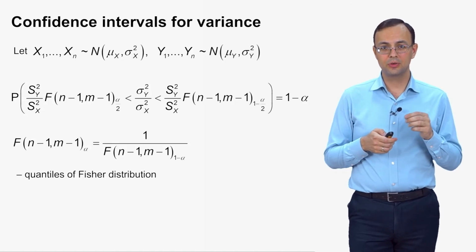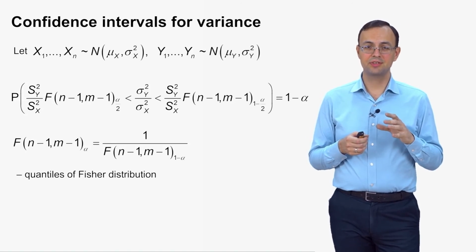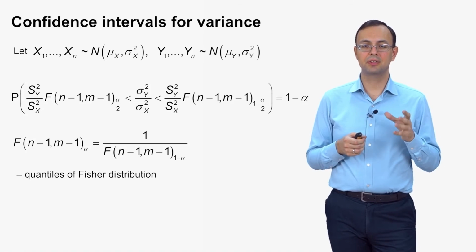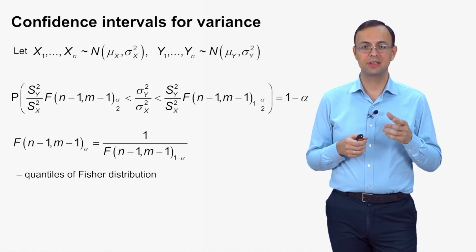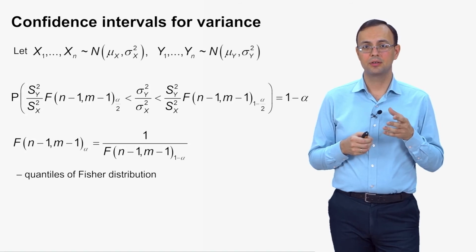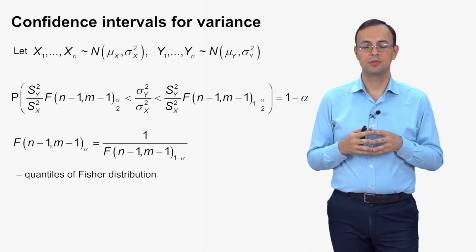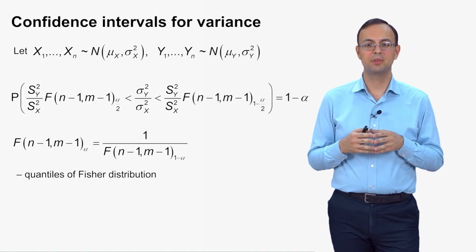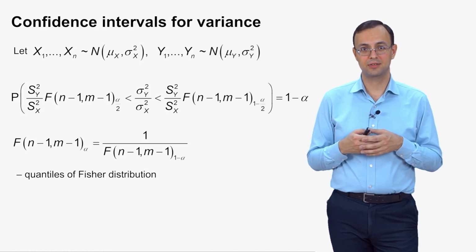You can also compare two variances in a case similar to the one when you compare two expected values. You have two samples, and your parameter to be estimated is the proportion of two variances, sigma y squared divided by sigma x squared.